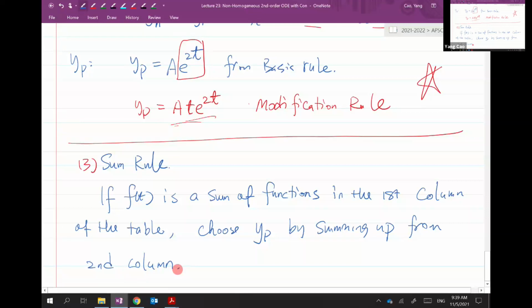So I'll show you one example of how you use this so-called sum rule.